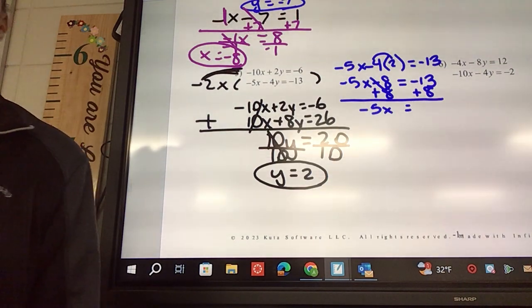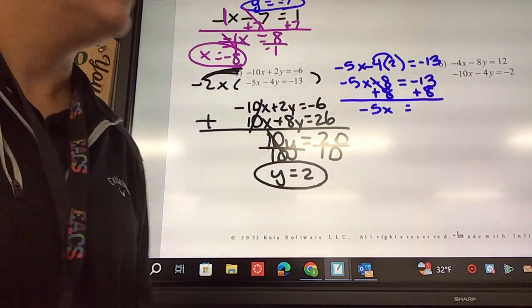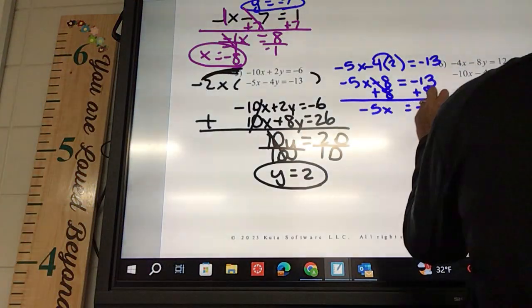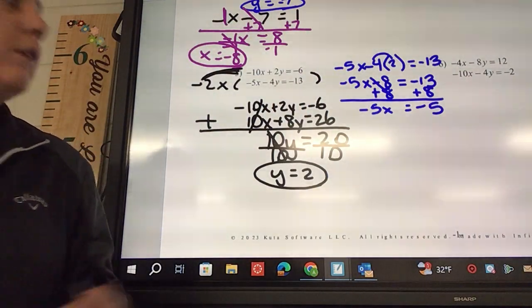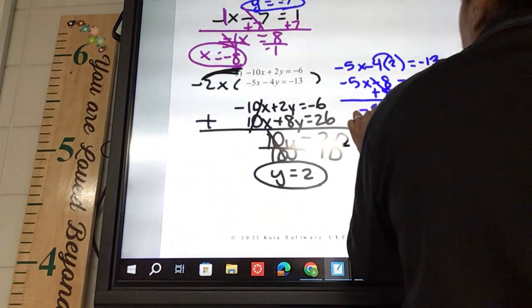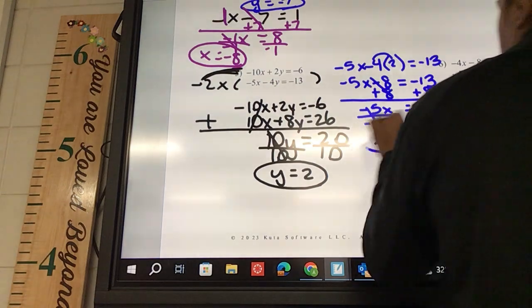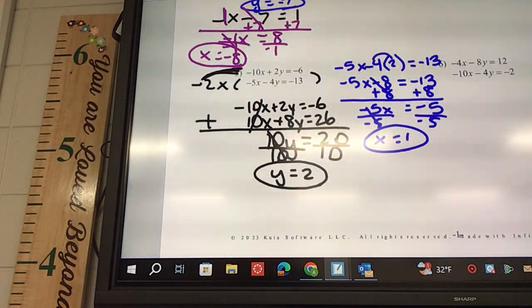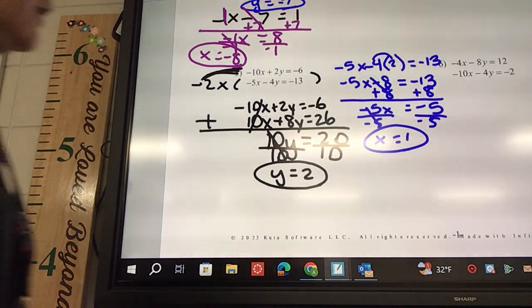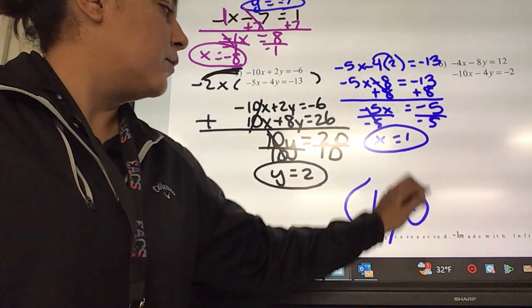Negative 5. Okay, and then what needs done? Divide. And so we get x equals 1. Which one comes first in our coordinate? The x. So it's going to be 1, comma, 2.